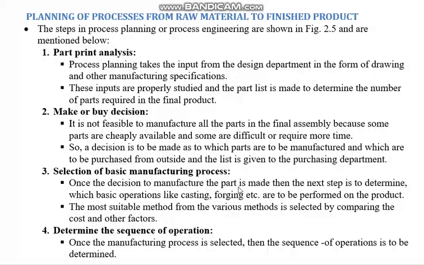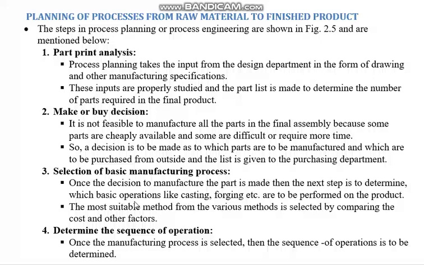From the mechanical perspective, you will be able to understand. As a mechanical engineer, if I say casting, if I say forging, you will know. Other engineers may not. Now we are studying all this from the mechanical engineering industry viewpoint.